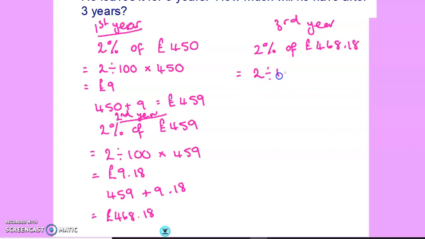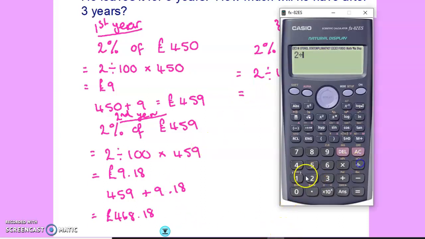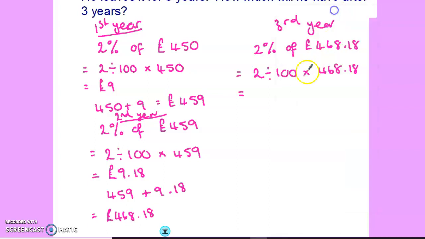So 2 divided by 100 times 468.18 is 9.36 to 2 decimal places. £9.36.